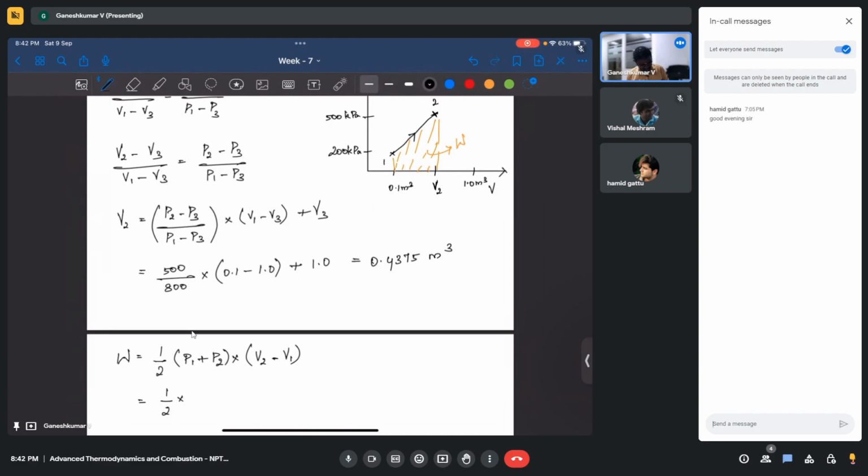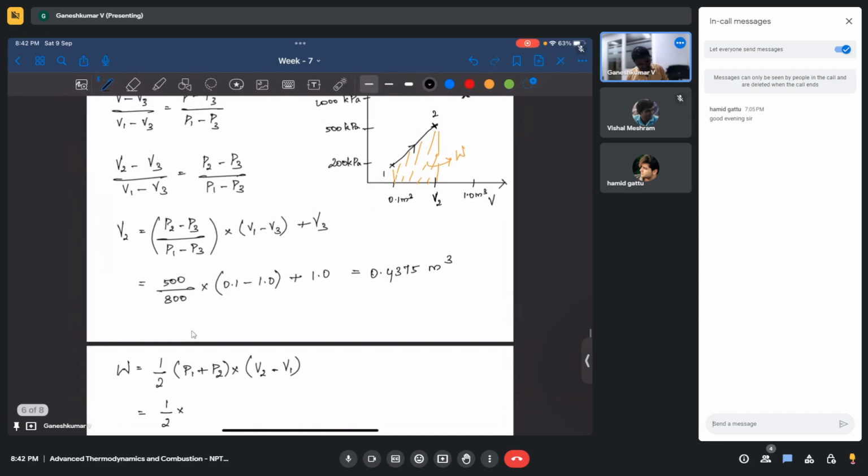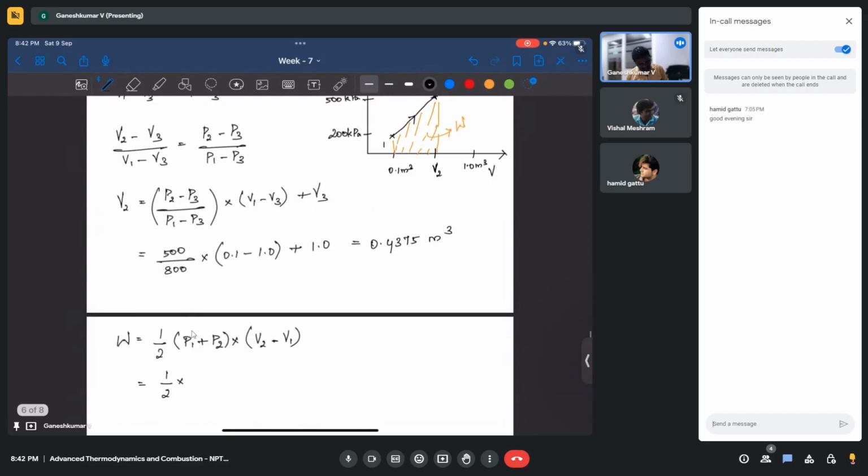Half into P1 plus P2 is going to be 700 kilopascals times the change in volume. Write it in terms of kilojoules, and convert.